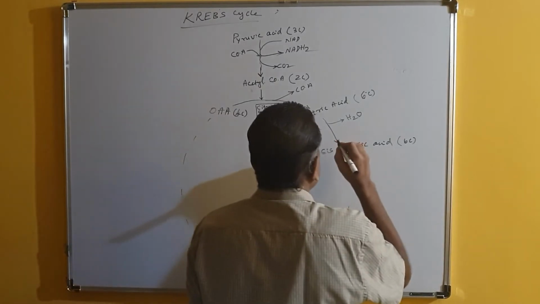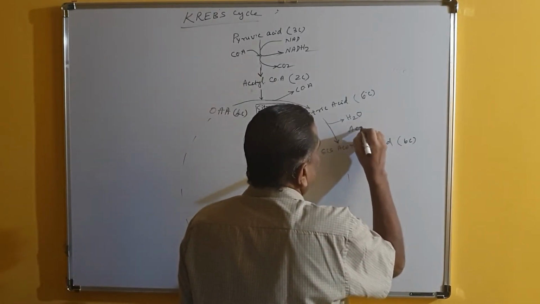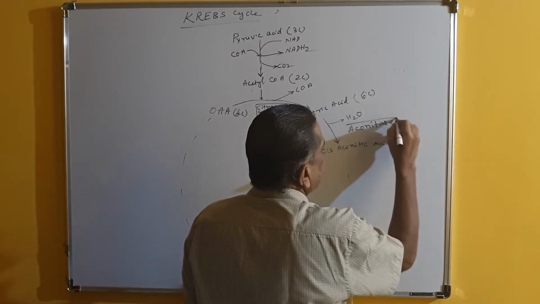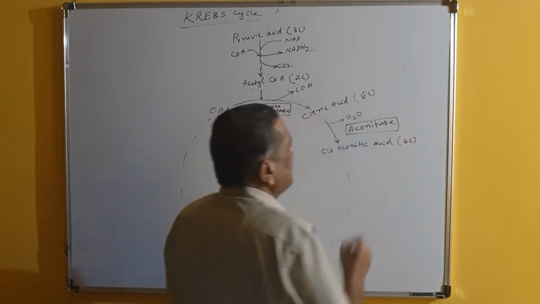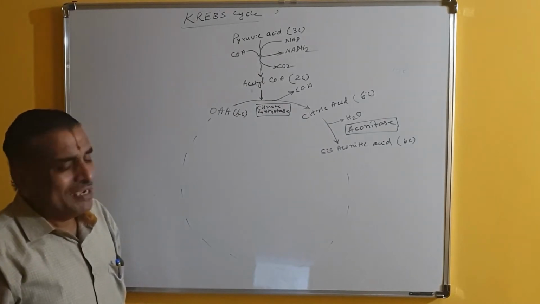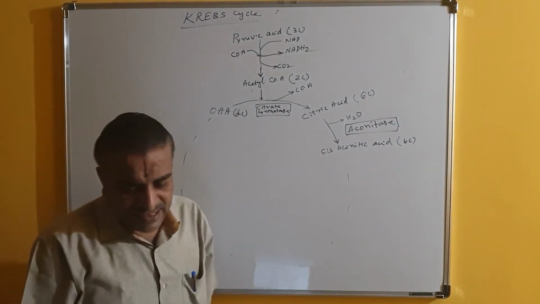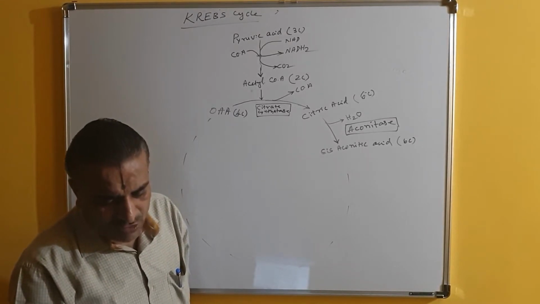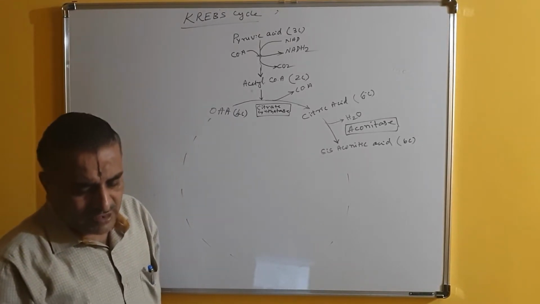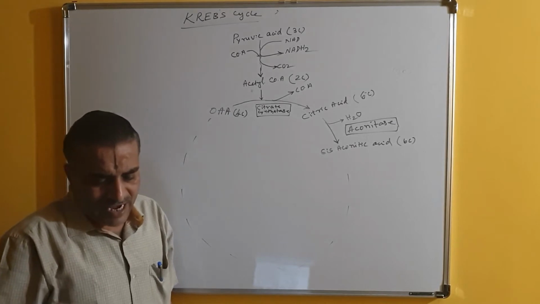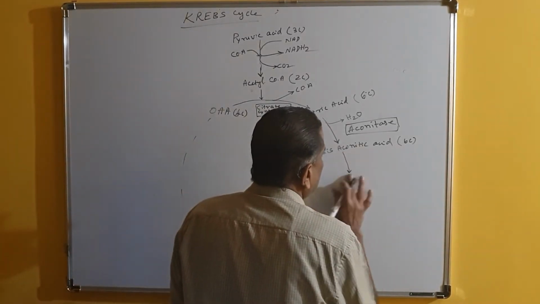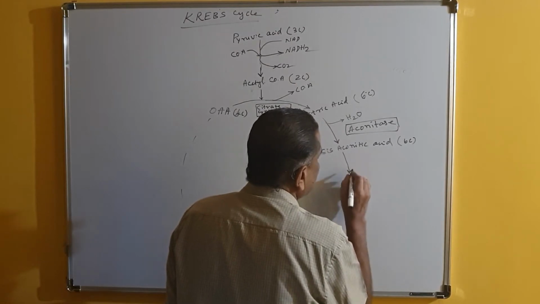The enzyme responsible for this is aconitase. So the aconitase enzyme converts citric acid into cis-aconitic acid, and cis-aconitic acid is now converted into isocitric acid.